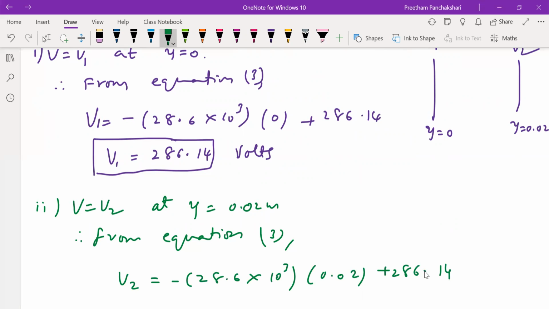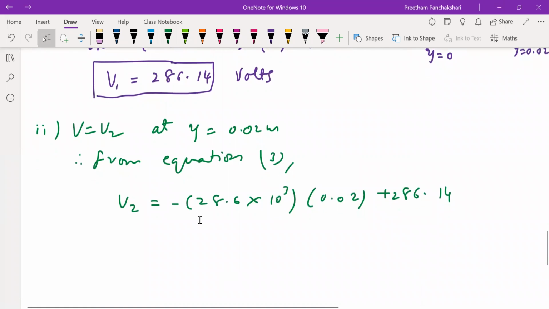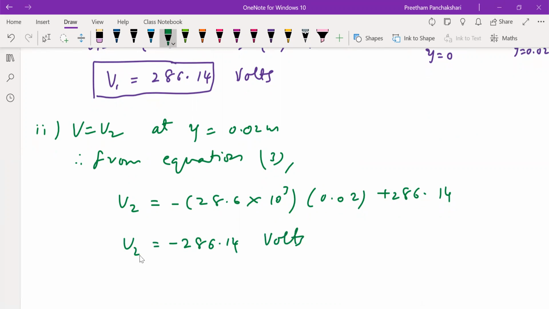So after solving this, we get V2 as minus 286.14 volts, negative.